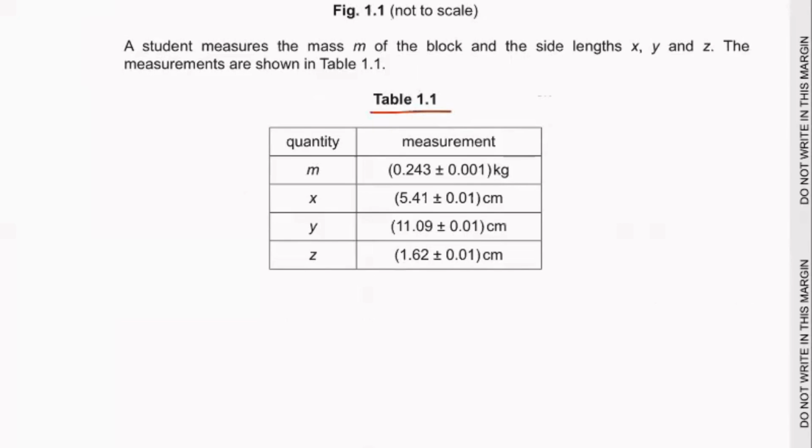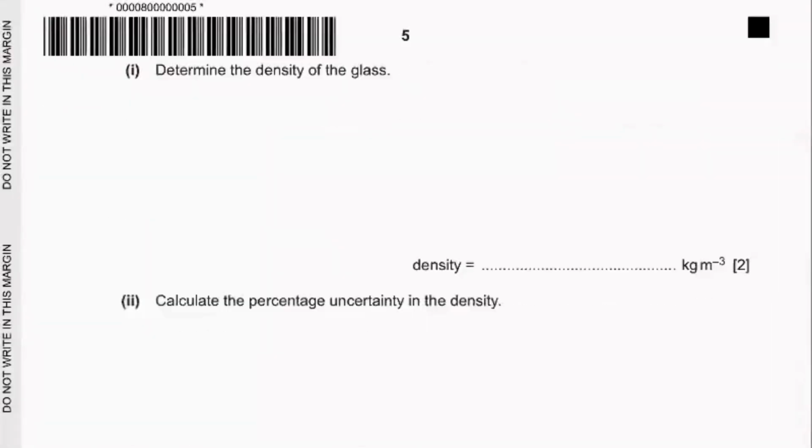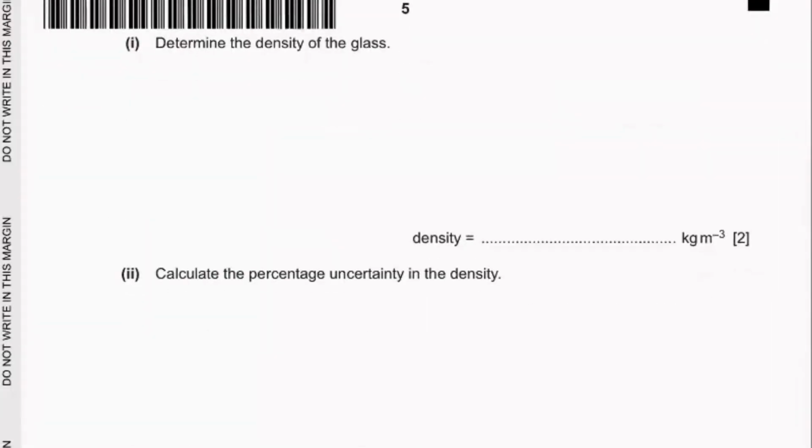On the left hand side, the quantities are given, and on the right hand side, the measurements are given. Each measurement has its absolute uncertainty. Since absolute uncertainty is given, in the later part of the question we will have to deal with the uncertainties as well. So, without delay, let's proceed to the first part.